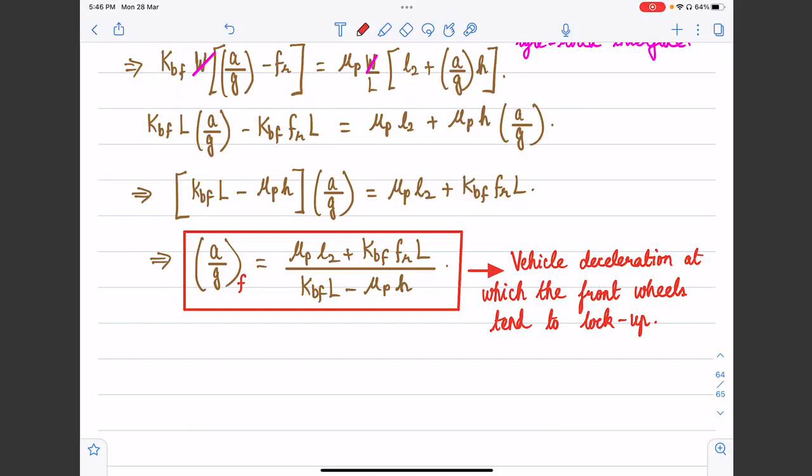I hope it is clear how we got this expression. We wanted the peak deceleration at which the front wheels will tend to lock up. Please derive a similar expression for A by G subscript R, the peak deceleration at which the rear wheels would tend to lock up, following a similar process.